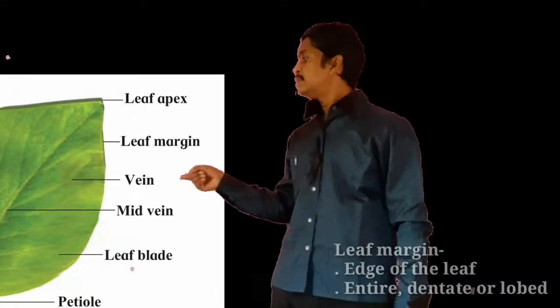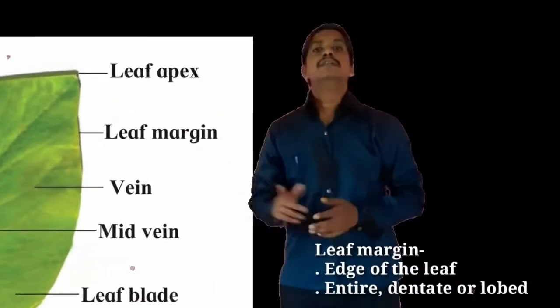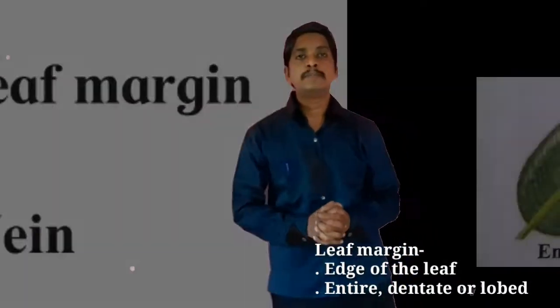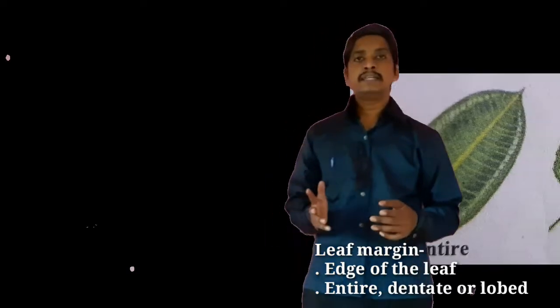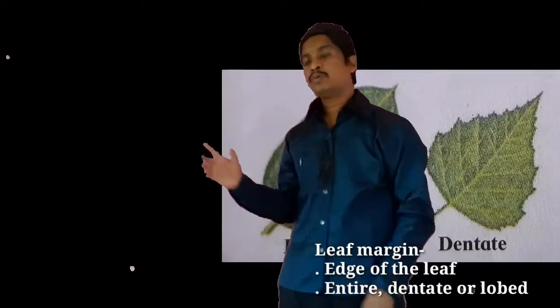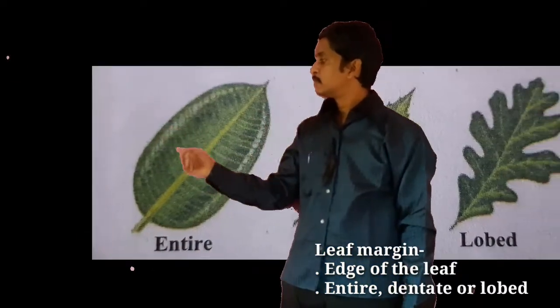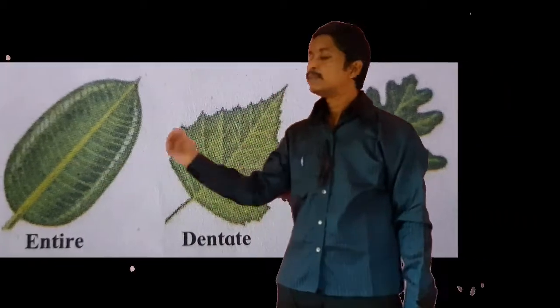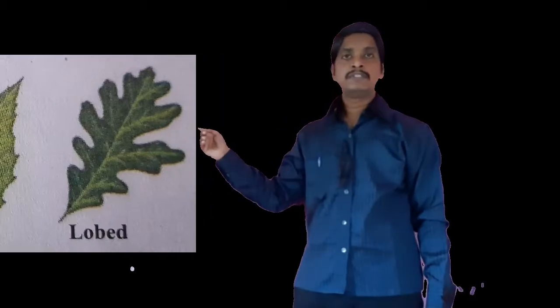Then the leaf margin. The edge of the leaf is called the leaf margin. Leaf margin may be entire, dented or lobed. These are the different types of the leaf margin which are present in the leaves. Then the leaf apex.